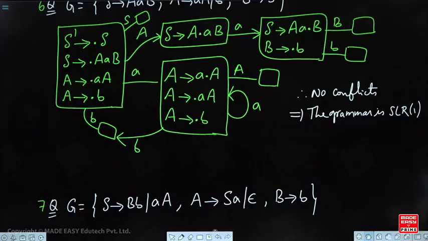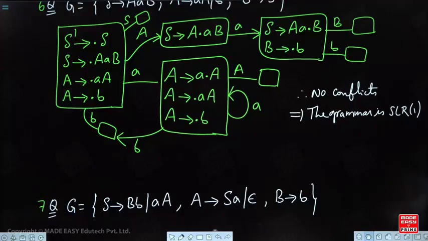Still I am getting different answers. For the 7th question, somebody is saying not SLR of 1, somebody is saying SLR of 1. I don't know what is the problem with you. Checking ambiguity may be the difficult part, of course, I do agree, but checking SLR of 1 or not is easy.